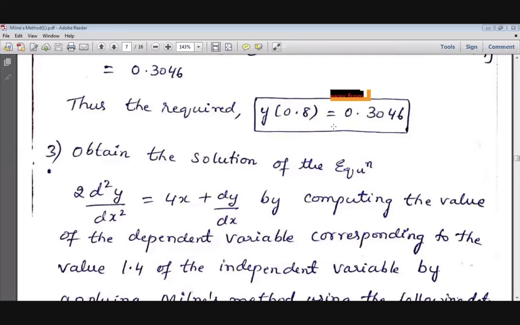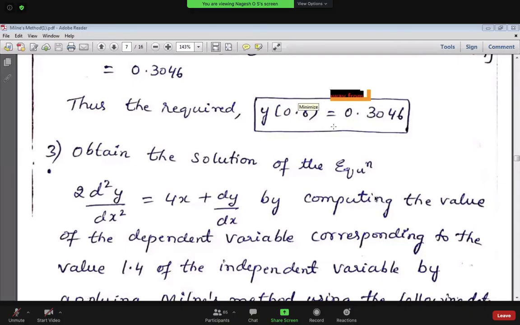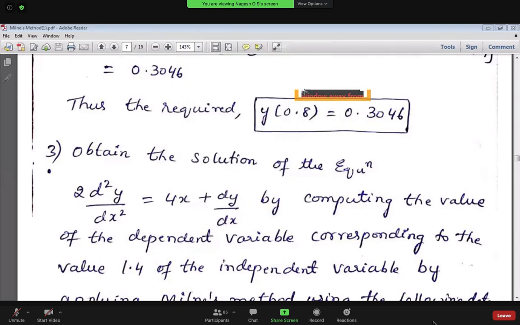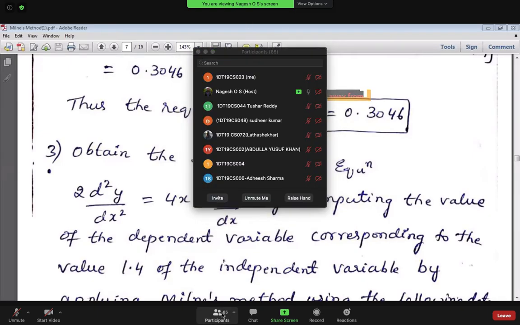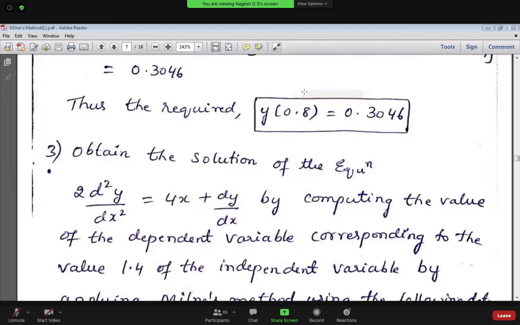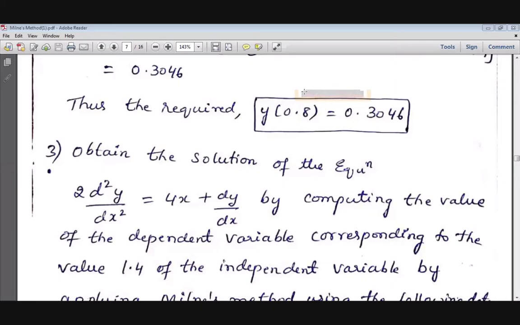Everybody change your name, rename, give your ESN first, then your name. Many of them did, still some students are giving their name only. Just give your name so that marking attendance will be easier for me. Give your ESN first, then your name.